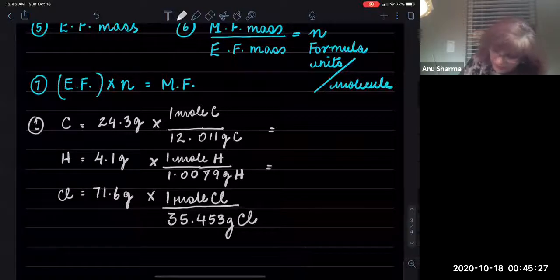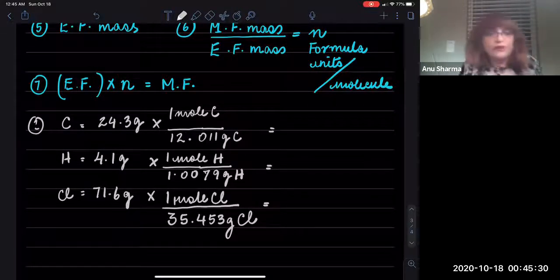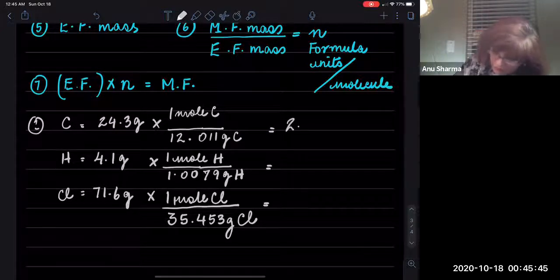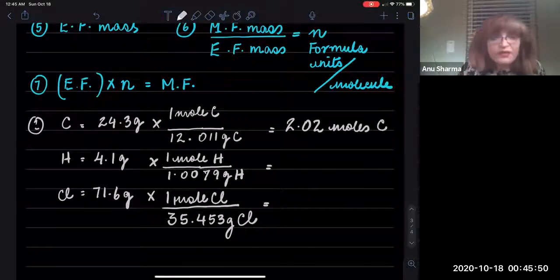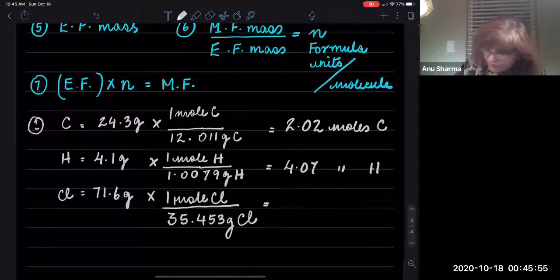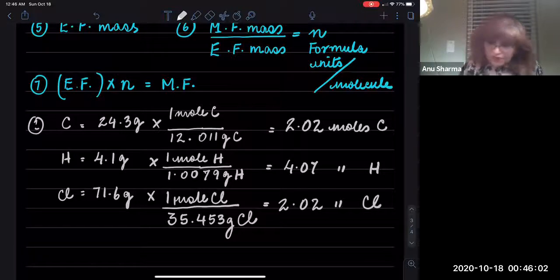When you do the math, 24.3 divided by 12.011, 4.1 divided by 1.0079, and 71.6 divided by 35.453, that gives you 2.02 moles of carbon, 4.07 moles of hydrogen, and 2.02 moles of chlorine. So this is your first step.